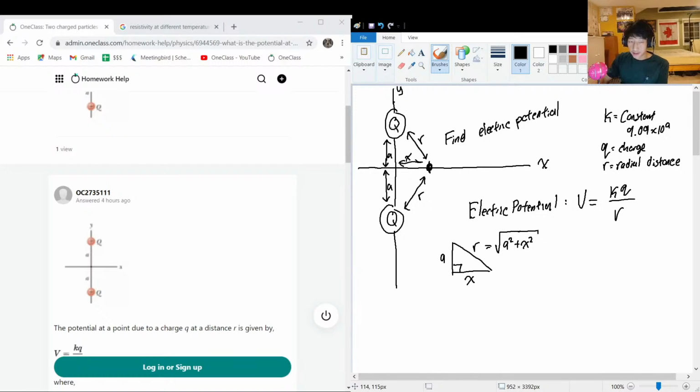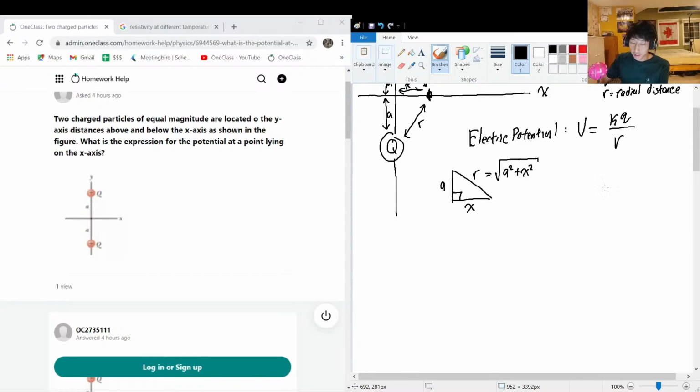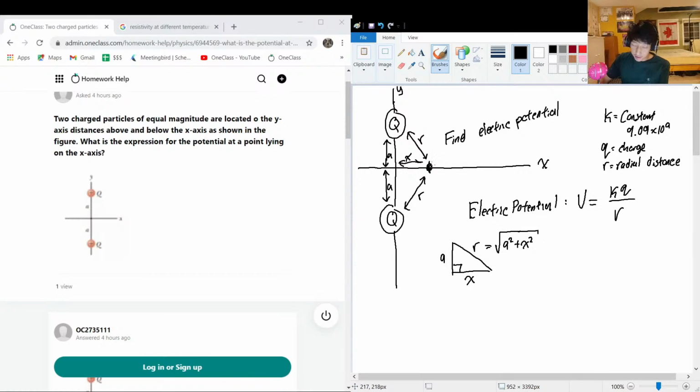Our Q value is really given to us there. They don't give us a value, but it's just Q, and the big Q that we're using here is going to be the little q here. So now we just need to think about this. If this is our point P, our point of interest, the voltage at point P is equal to the sum of all K, Q, i values over Ri.